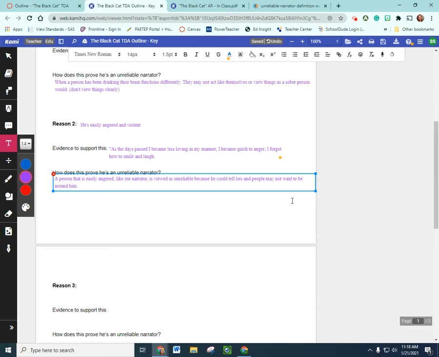He may also be quick to act without thinking, due to his anger. And we see that, again, we see that happening a lot.